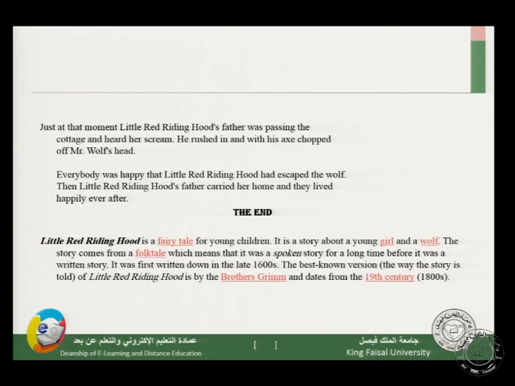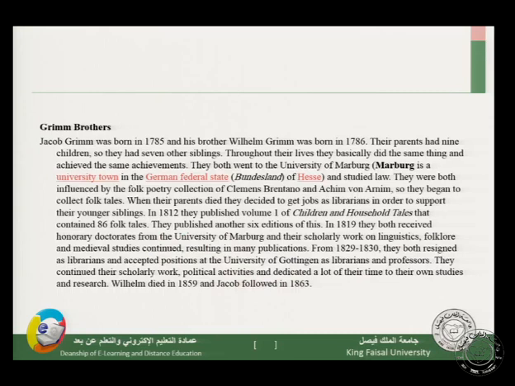Okay, here is a short biography about the Grimm brothers, because they are very important in the world of children's literature. They are two brothers, Jacob Grimm, who was born in 1785, and his brother Wilhelm Grimm, born in 1786. Then you read this biography.